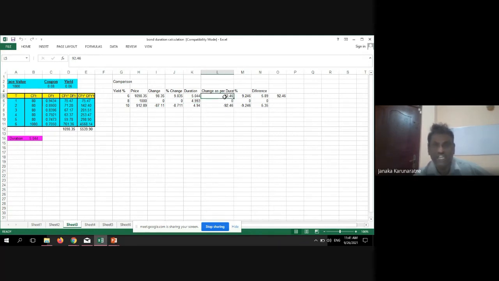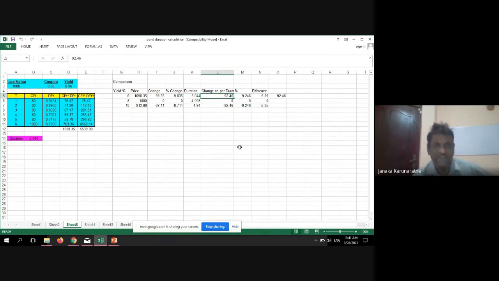92.46, the change. So whether it's an increase or decrease of a similar amount, you will get the same change, because the formula is the same. Only the sign differs. When the rate increases, you will have a drop. When it decreases, you will have a gain. But the same amount to the price.